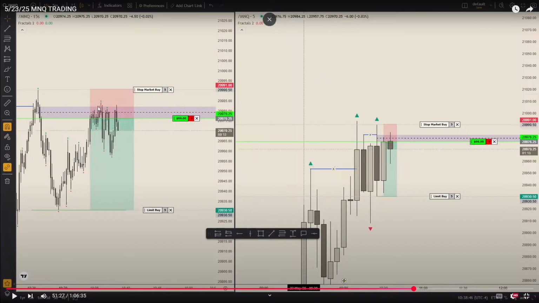So I could have gone in about 10 points higher, which would have decreased my risk, and then it's about 7 or 8 points higher. So I could have been risking less than $100 and made an extra $80, $90 on my trade if I would have taken it here, which doesn't seem super important.